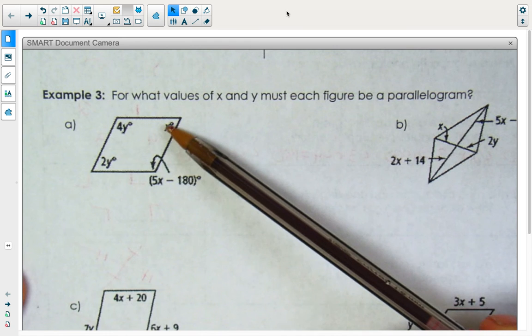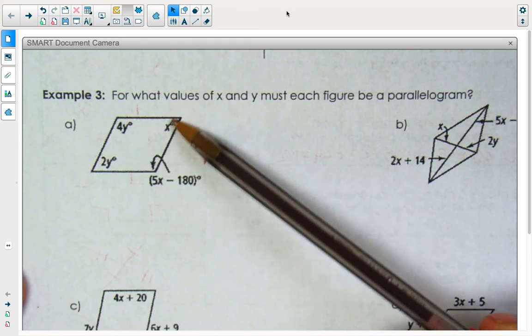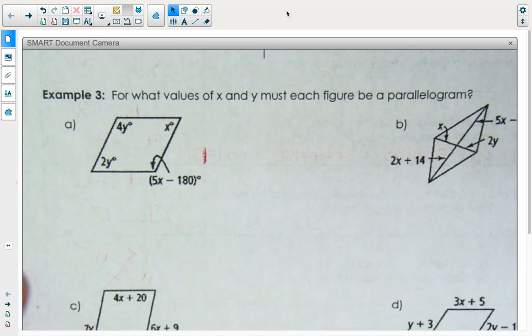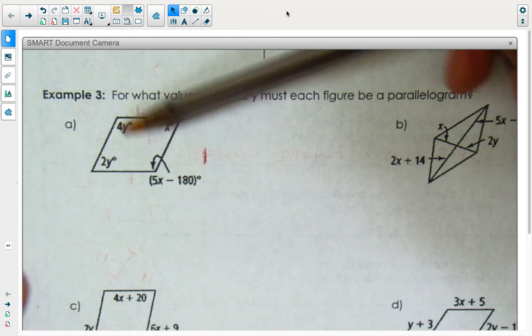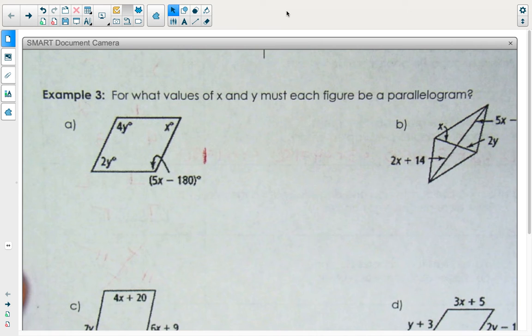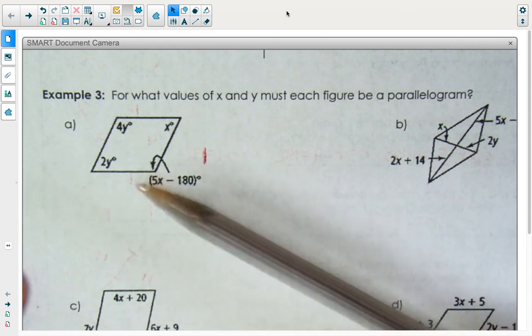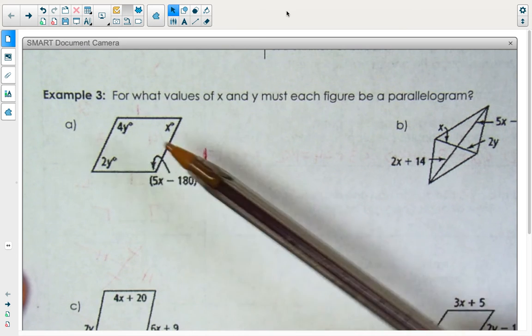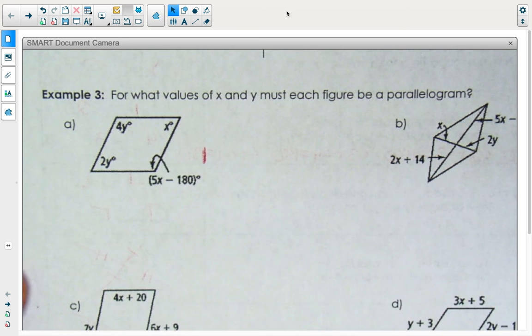And I also know that these two angles are supplementary to each other. So I could go that approach. I also know that these two angles are congruent and these two angles are congruent. However, I don't want to go that route because I don't know what they are, so that's not going to help me. So we're generally going to want to put our x's with x's and our y's with y's so we can solve the problem.